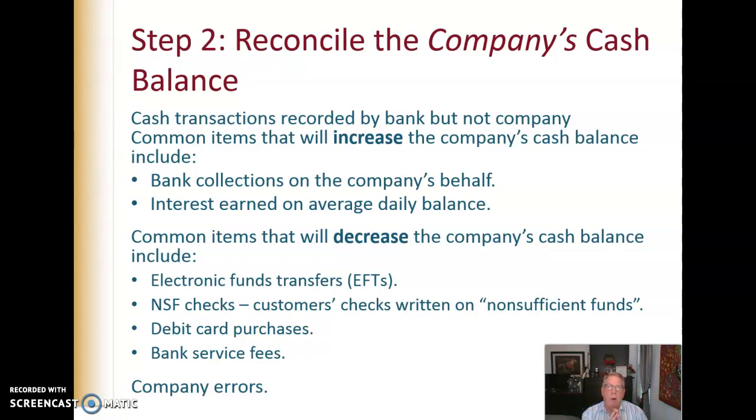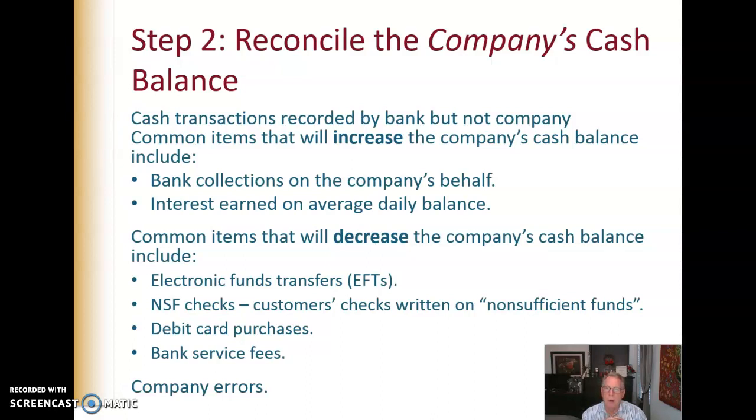All right, so now, the company side. The cash transactions recorded by the bank, but not the company. So here, the company has collected maybe a note on our behalf that adds to our balance. They may have had some interest on the daily balance. That adds to our cash balance.